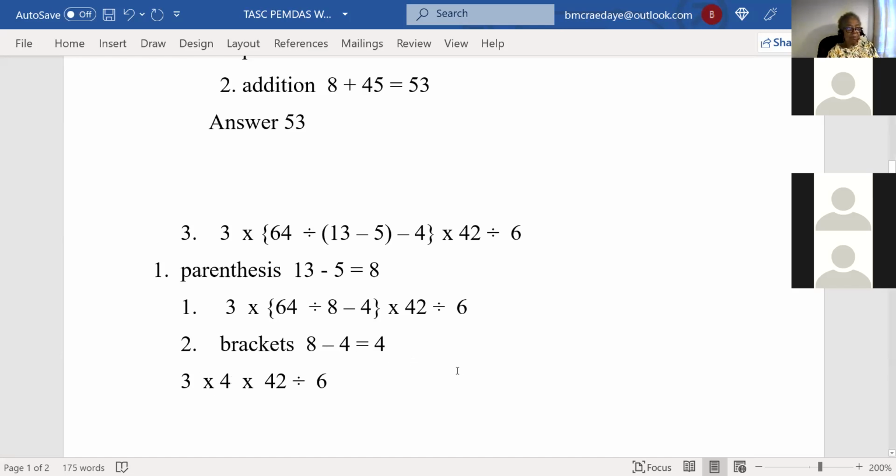So 3 times 4 is 12. So now we're doing multiplication and division.